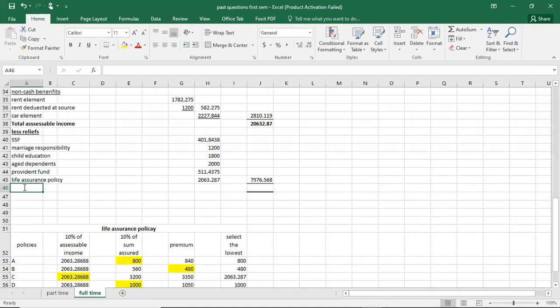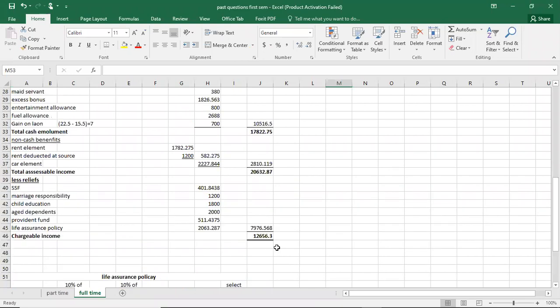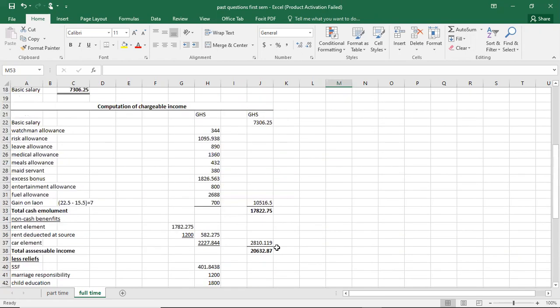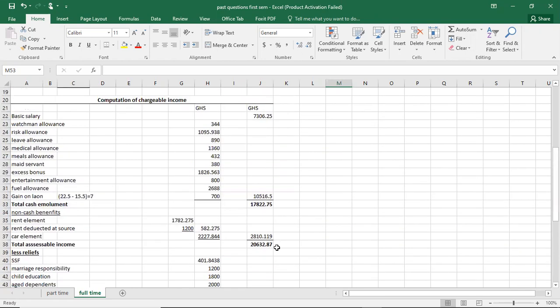And what I'll get is my chargeable income. So this minus this will give me 12656.3 as my chargeable income. If you have any question, you ask me and I'll answer you.